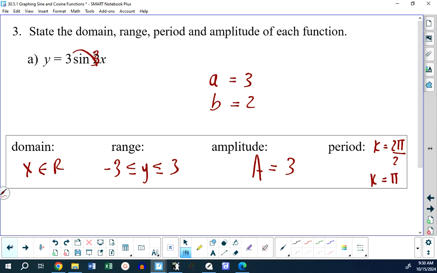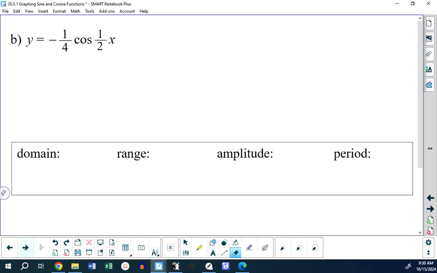Okay, I'm going to give everybody about 12 seconds or so to write out the domain, range, amplitude, and period for this particular function. Does it match yours? Put your hand up and down when you're done. Okay, that should be it, really. I'll give you a few more seconds, but this is the lesson.